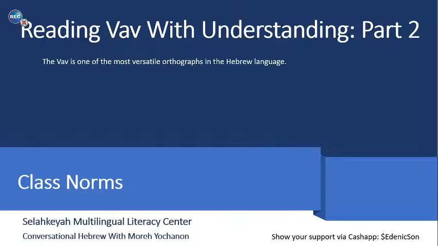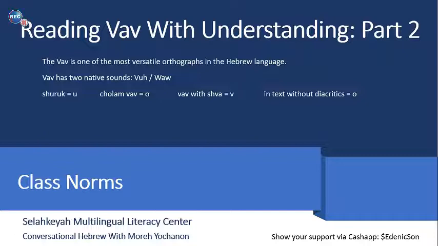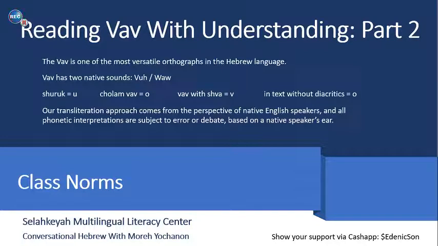The Vav is the most versatile of the orthographs in the Hebrew language. It has 2 native sounds we've discussed, the V and the Wa. The Vav can also be represented with these sounds, the U, or the Cholam Vav is O. The Vav with the Shva is V. And then the Vav without the diacritic marks, we default to O. Our transliteration comes from the perspective of English speakers, and it's always subject to error and debate.